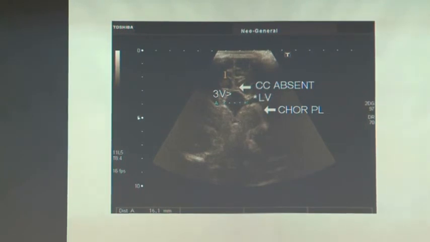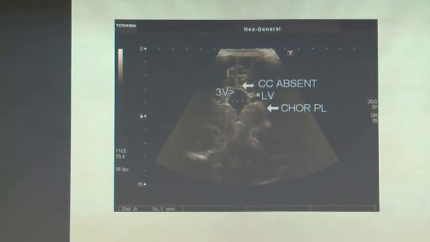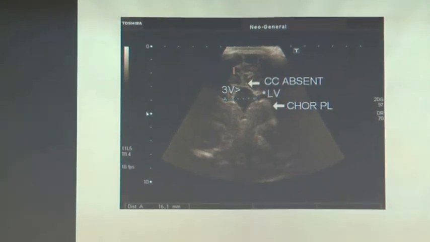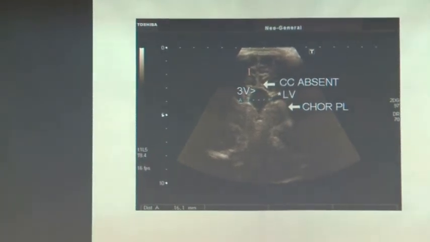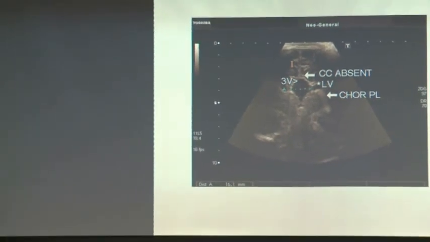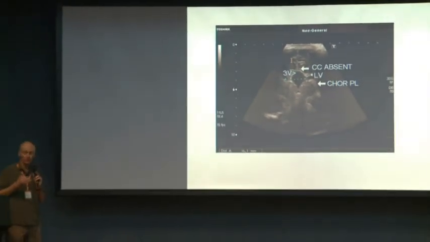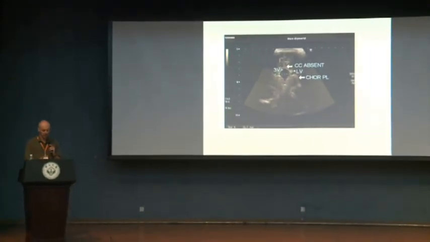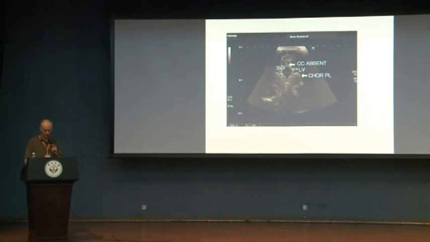And so there would be a population of babies that will be born that we would already know have absence of the corpus callosum, and we could follow their brain development and their behavioral development from birth, or to some extent even before birth. And we know that 1/3 of them will go on and develop autism. So that is one model that we're trying to work on.